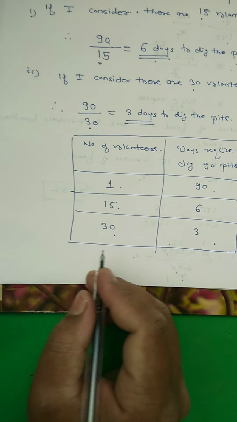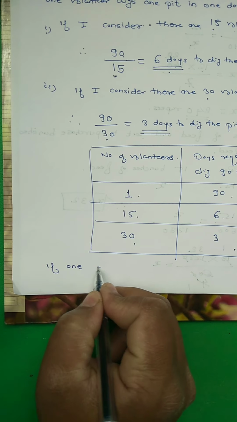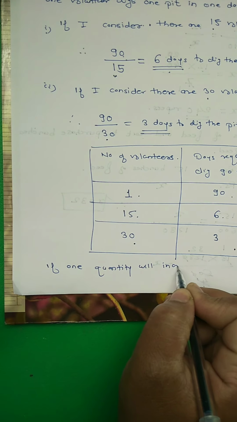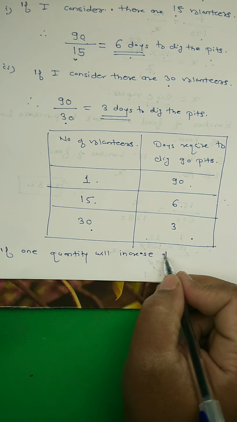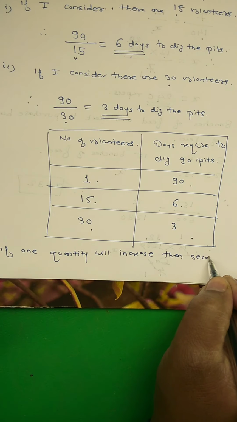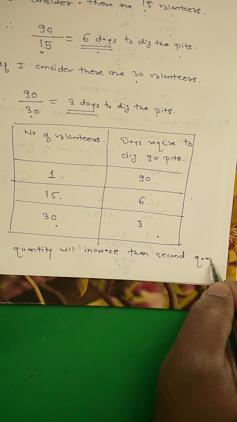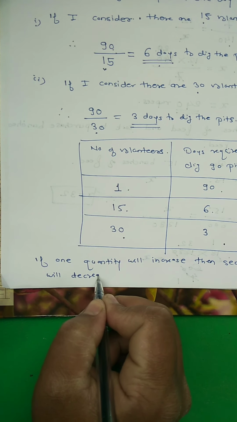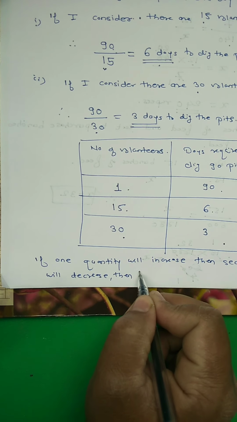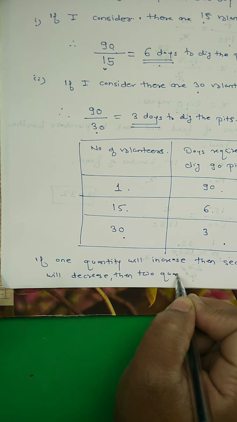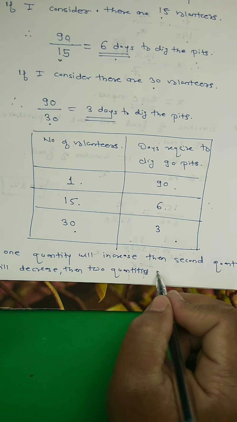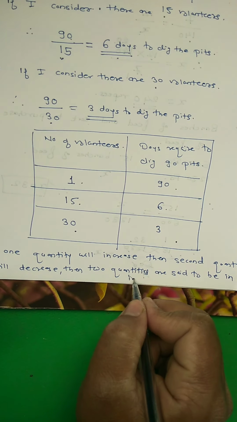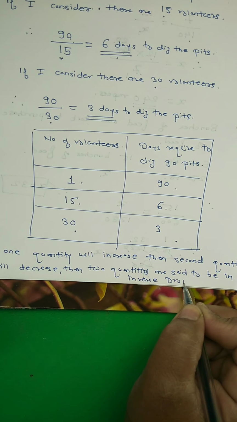So at that time we can say that if one quantity increases, then the second quantity decreases, and those two quantities are said to be in inverse proportion.